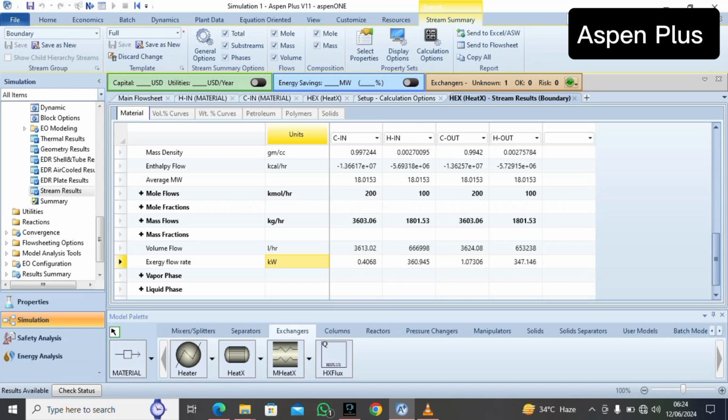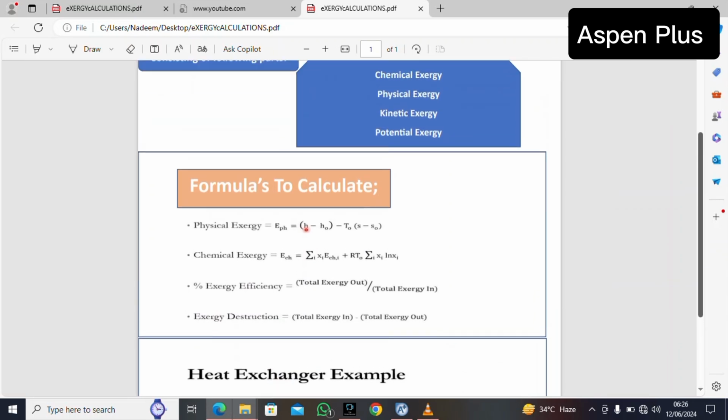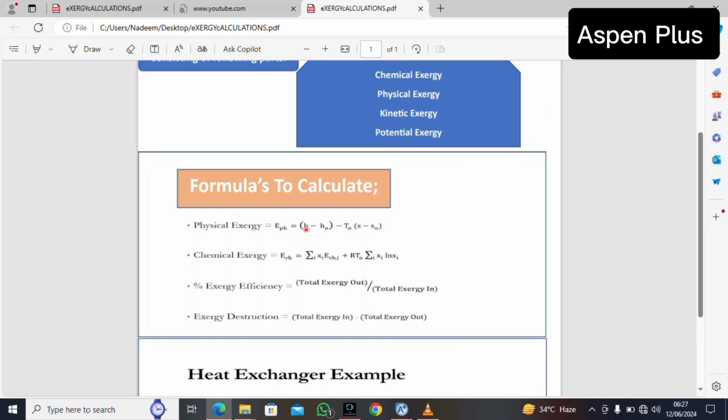Obviously we need to calculate the chemical part using Excel, taking physical exergy from here. So I will copy these values to Excel and calculate chemical exergy by using these formulas. Then I apply these formulas and calculate chemical exergy, exergy destruction, and percentage exergy efficiency.